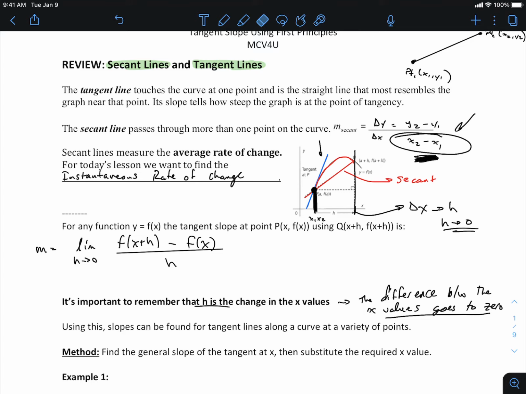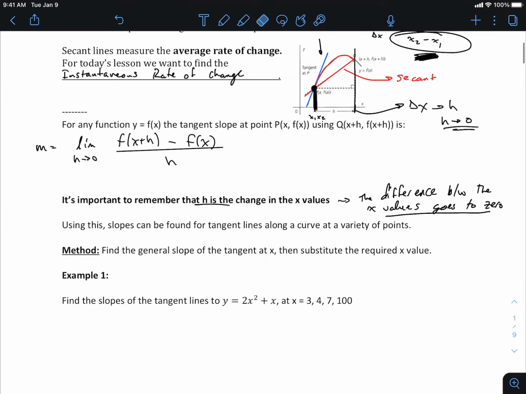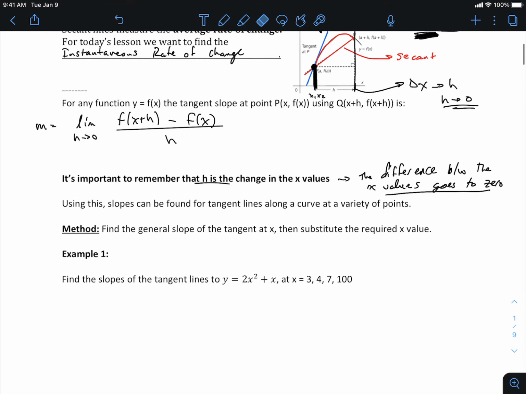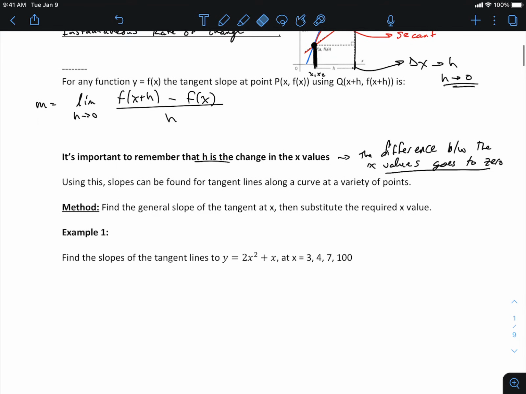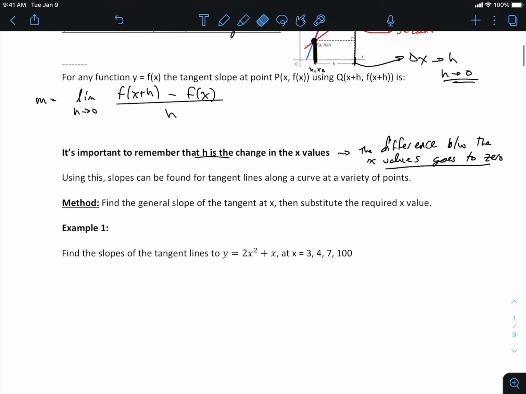So let's have a look down here. Using this, slopes can be found for tangent lines along the curve at various points. If you were to come up with the generalized equation, then you could plug in a whole bunch of x values and get the slopes out at each individual x value, which is exactly what we're going to do down here.